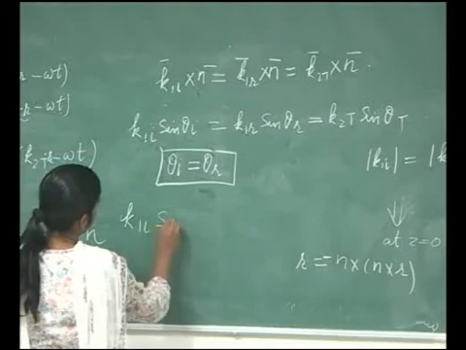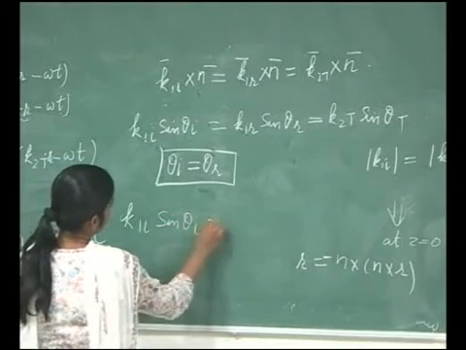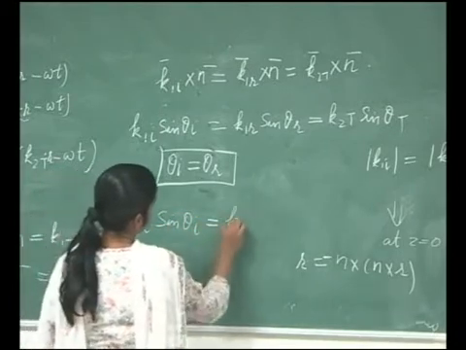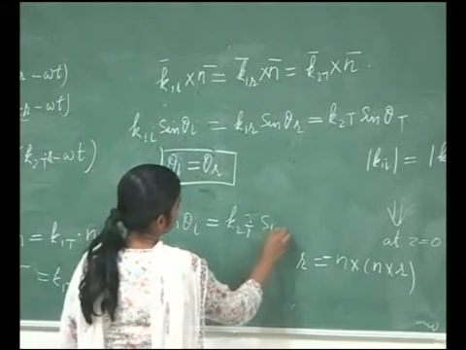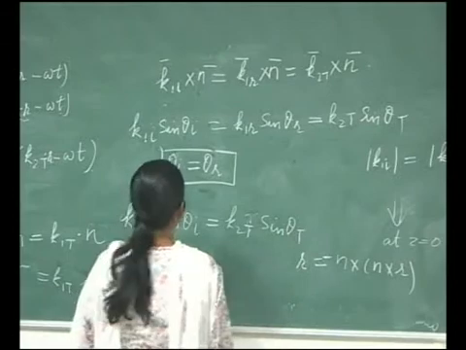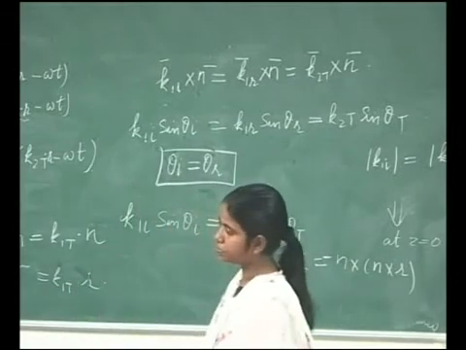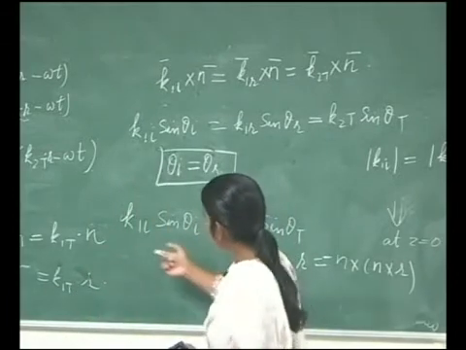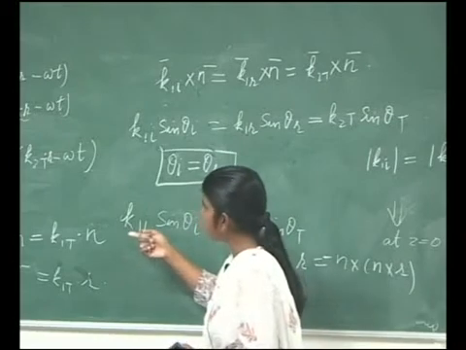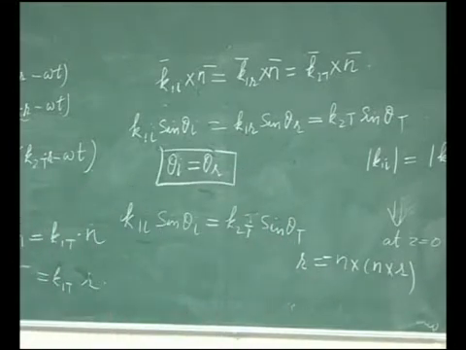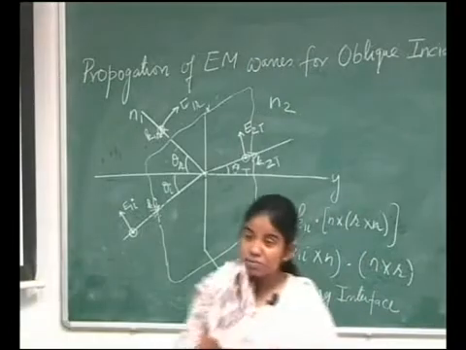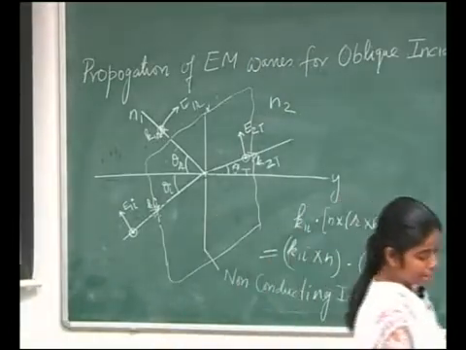Now, if I take these two, I get k1i sin theta i is equal to k2t sin theta t. Now, do you know the relationship between the dielectric constant and propagation vector? Can you tell me?